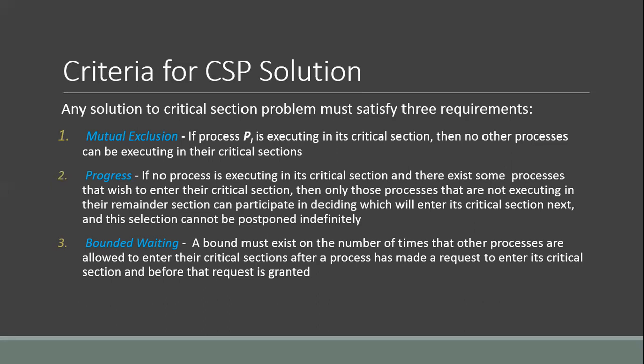And if process P2 requests to enter its critical section for the 3rd time, this request should not be granted. Rather, control should be transferred to process P1, because process P2 has exceeded its number of attempts to enter the critical section.